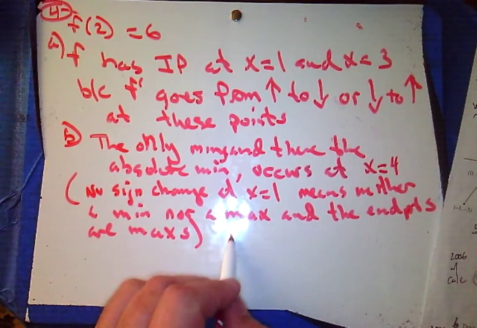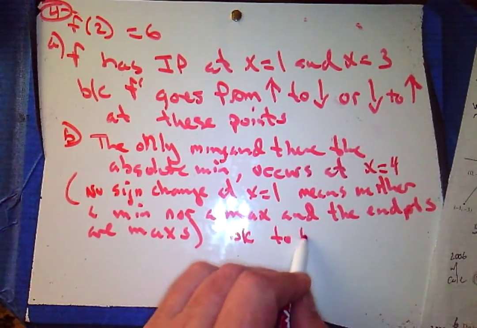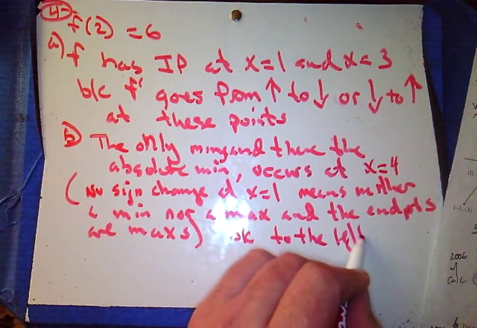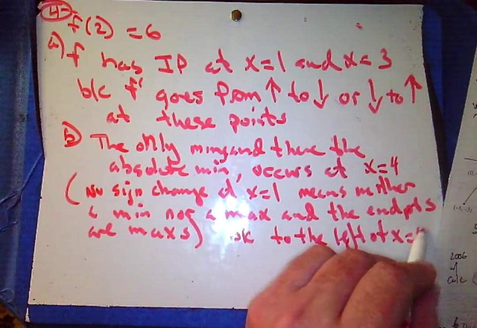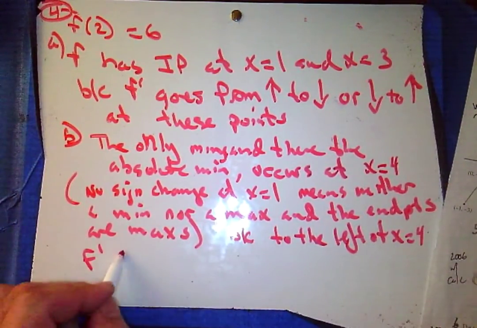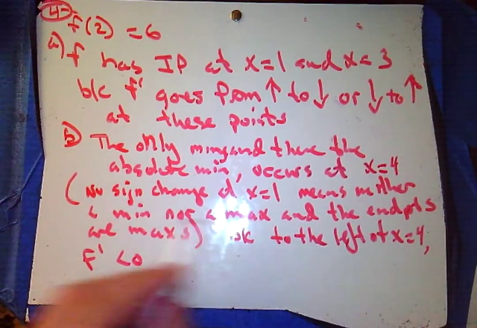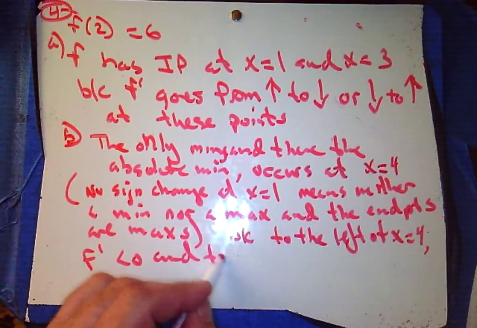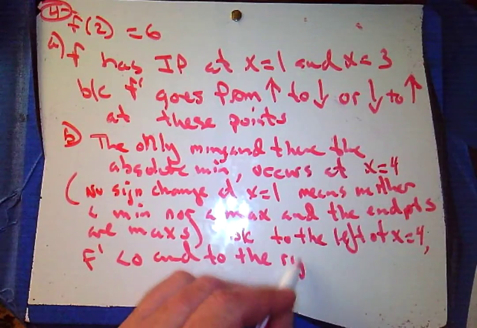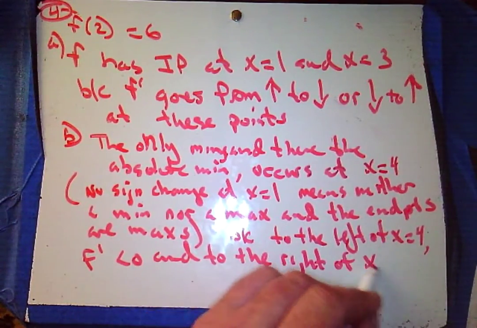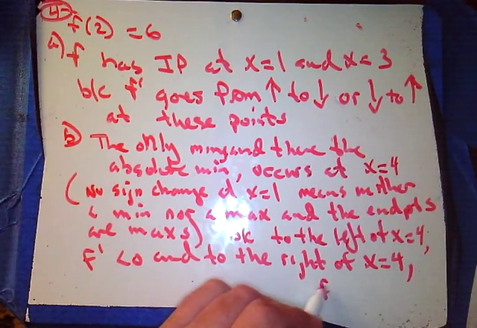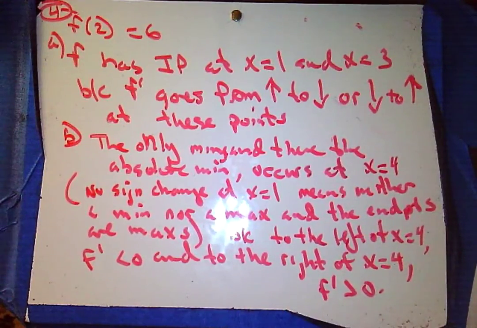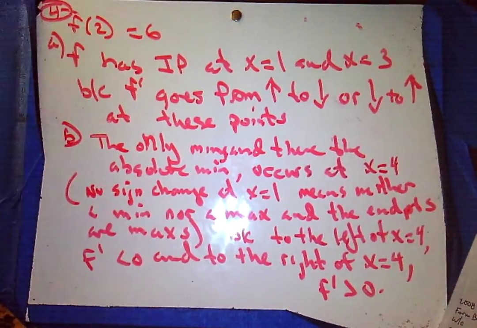It occurs at 4 because to the left of x equals 4, f prime is less than 0, and to the right of x equals 4, f prime is greater than 0. Okay, there's part B.